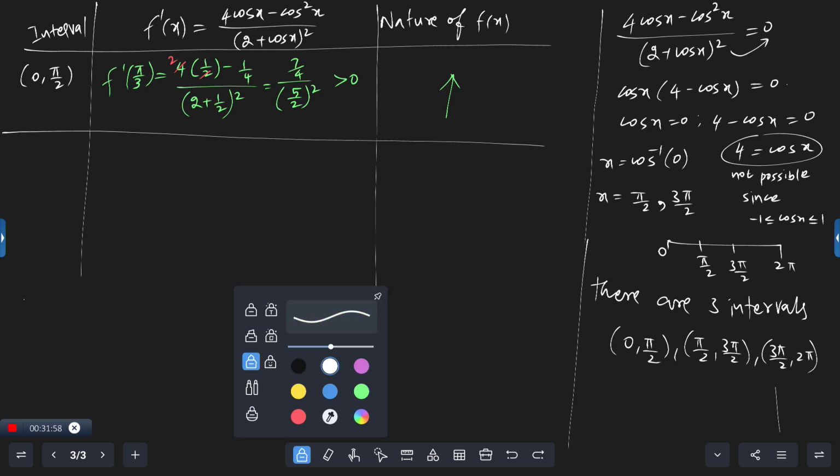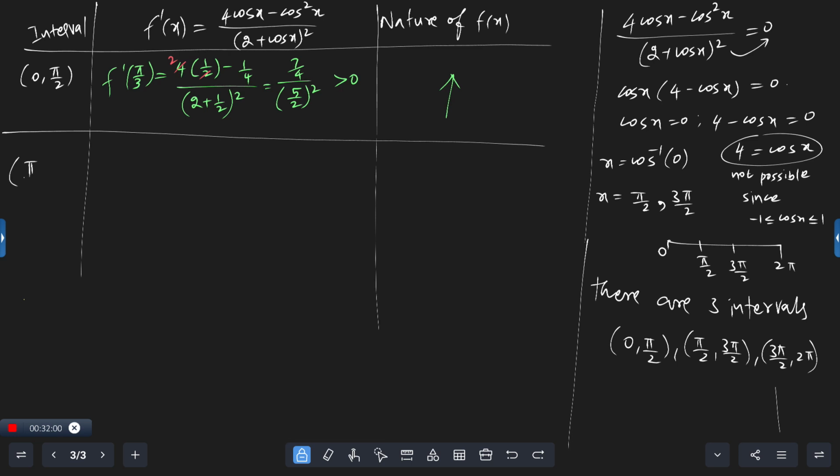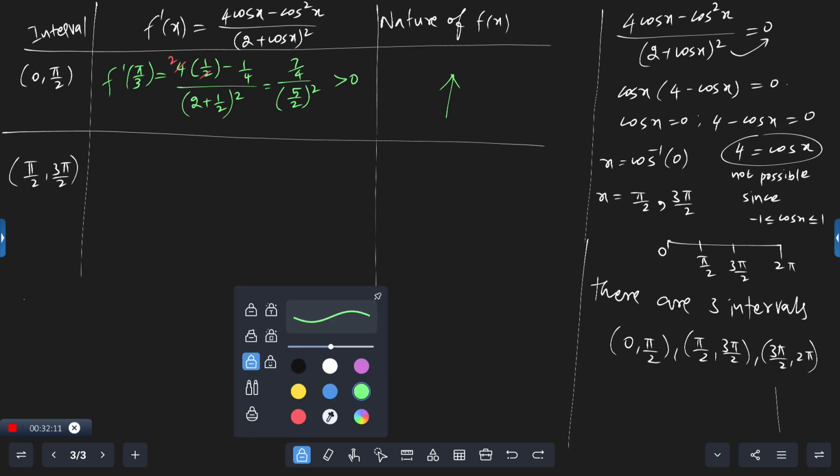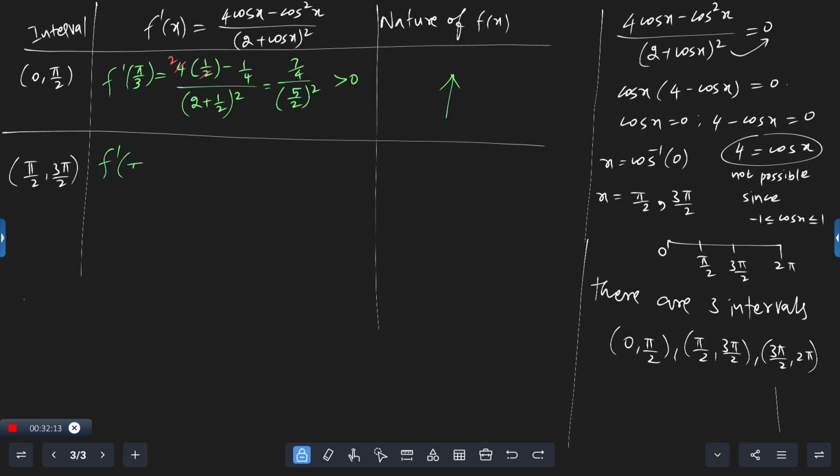Right. Next, pi by 2 to 3 pi by 2. What will we take? Shall we take pi? Pi we will take, that is easy. Cos pi: 4 times cos pi, the value is minus 1.